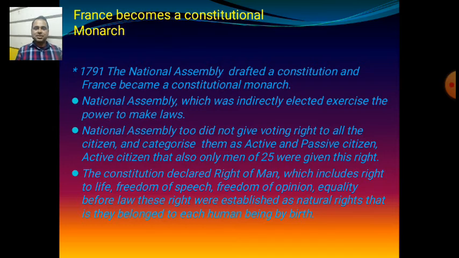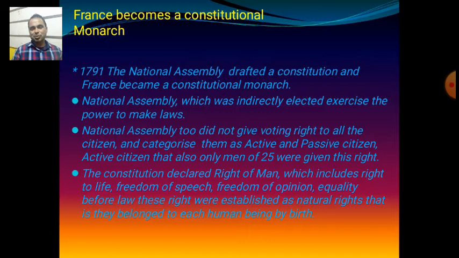Who were active citizens? Active citizens were those who were male, had completed 25 years of age, and were taxpayers to the state. They had a voting right.